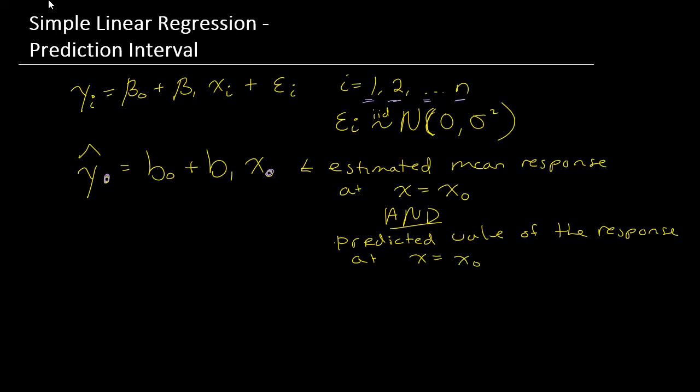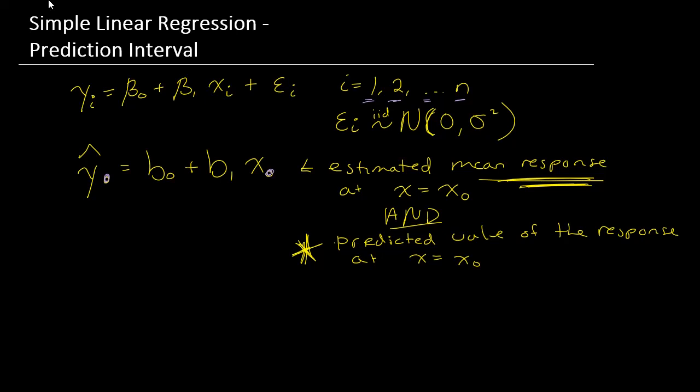So we're not constructing a confidence interval for the mean response. We did that already in our previous discussion. Right now we are constructing a prediction interval, so we're looking at this more like a predicted value than like a mean response. But of course it is both of those things.